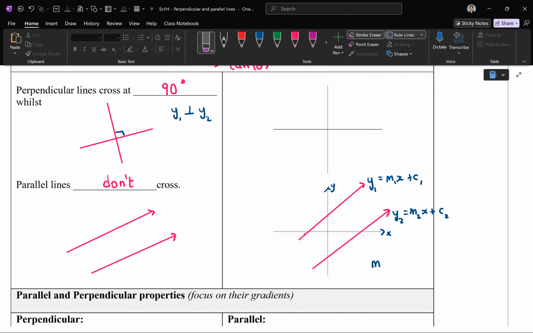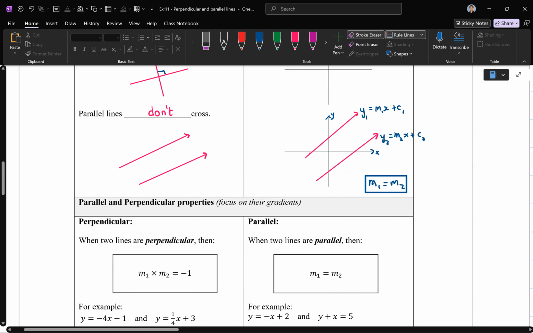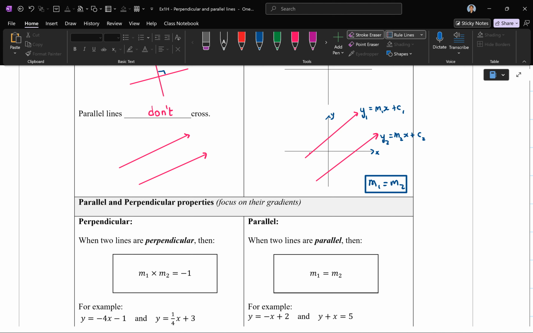What we know is that m1 and m2 must equal each other. That's a property. So m1 equals m2. And that's what I've got just underneath here for you. When two lines are parallel, then m1 equals m2. That's what I'm trying to say.